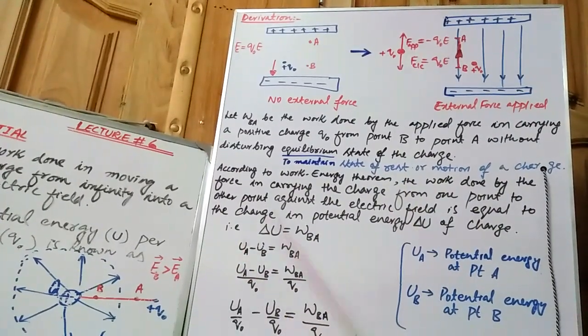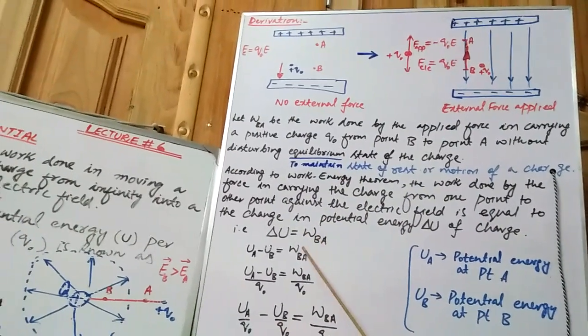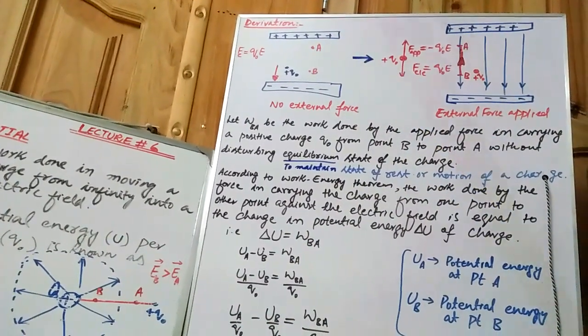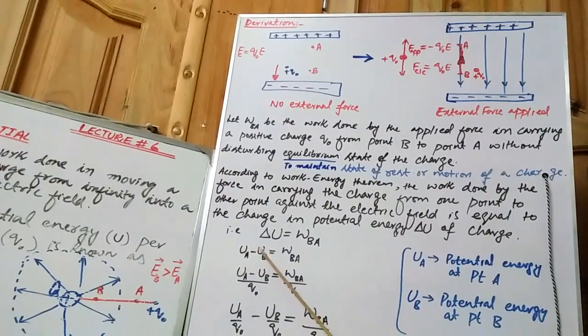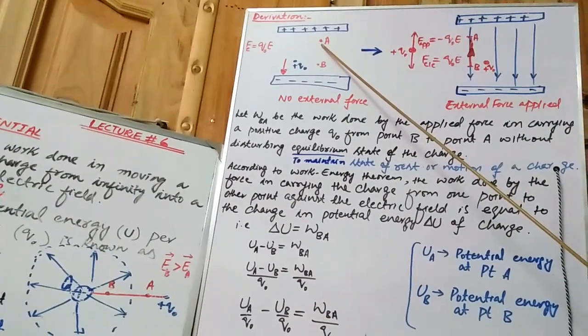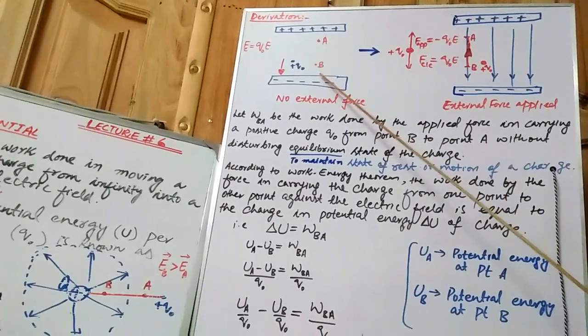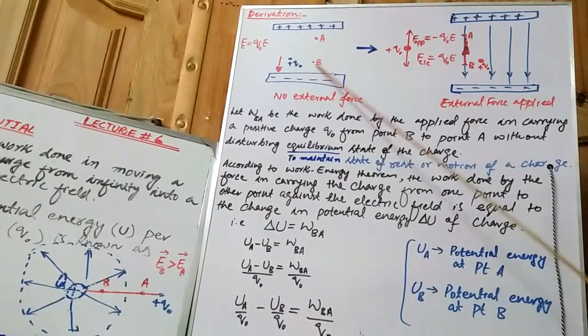It can be written as change in potential energy equals work done from point B to A. So change in potential energy is UA minus UB, because at point A, the electric potential energy of the charge is greater as compared to point B.